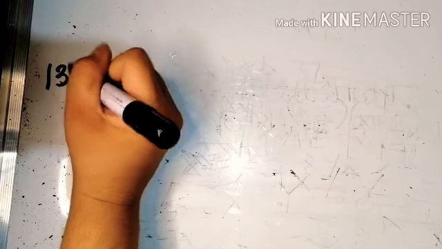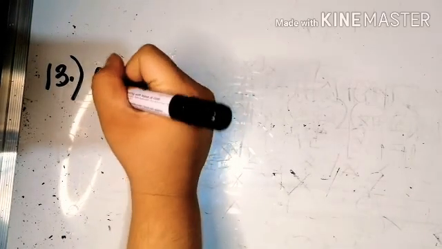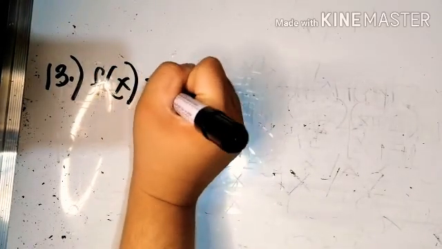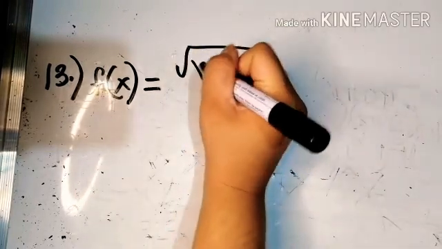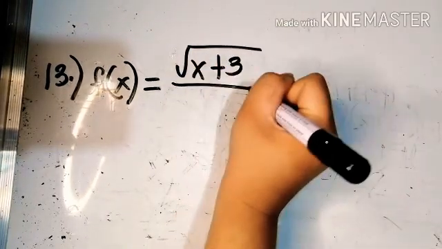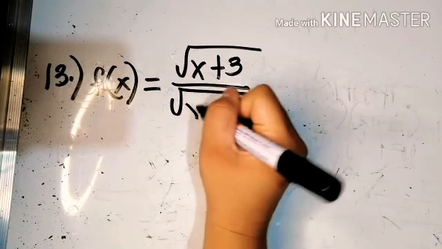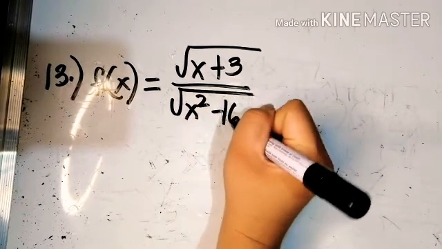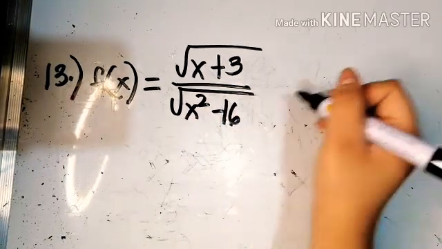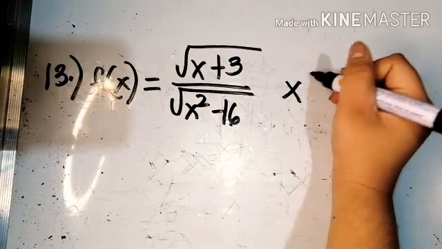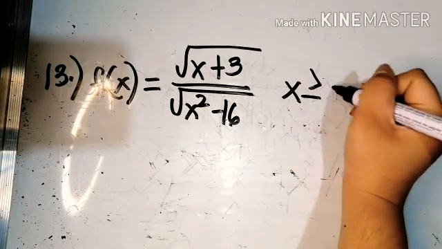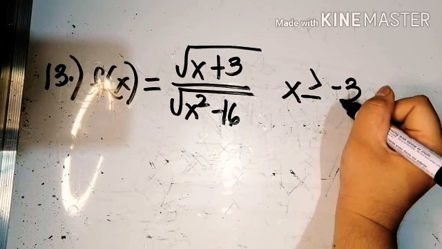Example number 30. Medyo challenging tong example na ito. F of x is equal to square root of x plus 3 all over square root of x squared minus 16. So, ang kailangan nating isa-alang-alang ay yung rule ng rational at radical pa rin.